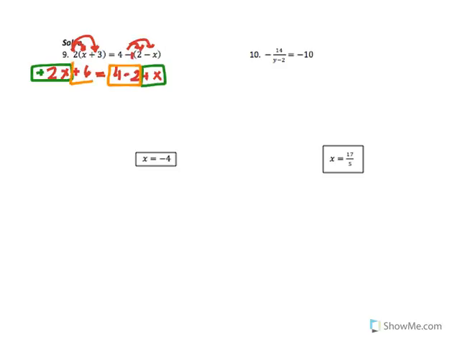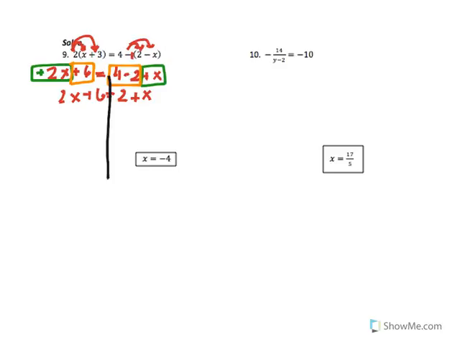And I combine. 4 minus 2 gives me 2 plus x equals 2x plus 6. So now I need to put my line.